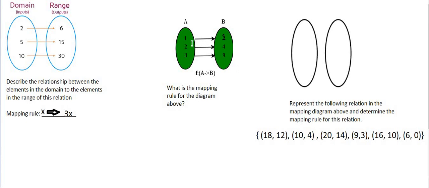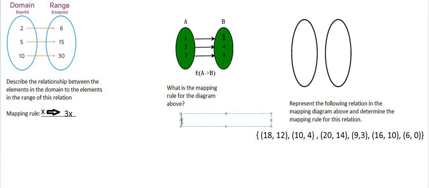None of those work. So let's think. 2, 4, 3, 9. If you notice, we can square 2 to get 4, and we can square 3 to get 9. We can also square 1 to get 1, because 1 times 1 is 1. So we have a consistent pattern.